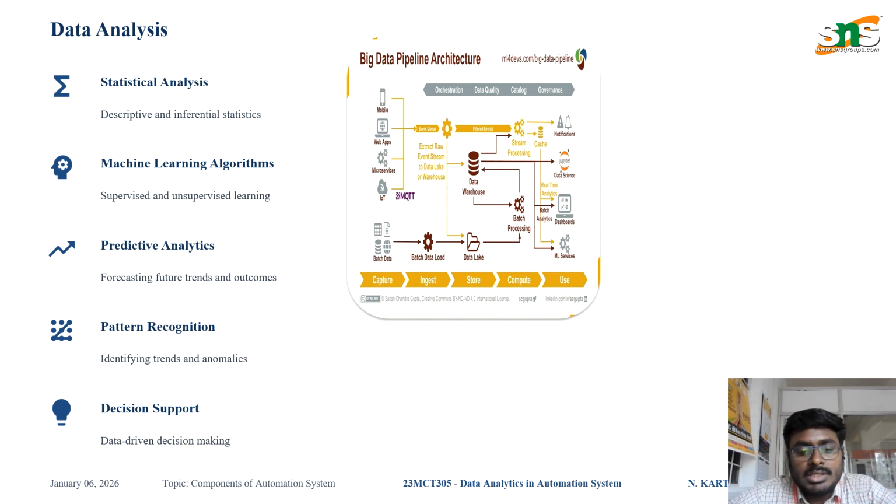Forecasting equipment failures, demand, or process outcomes, we also do pattern recognition to spot trends or anomalies automatically. Ultimately, this supports data-driven decision making. The system can even trigger automated actions, like shutting down a faulty machine.